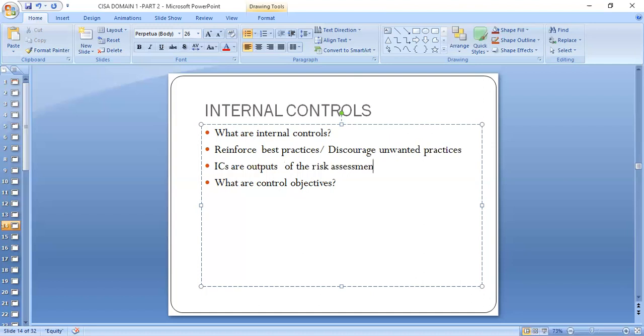I hope you agree with me on this. You cannot be talking of controls when you have not done risk assessments. Internal controls are outputs of the risk assessment process.